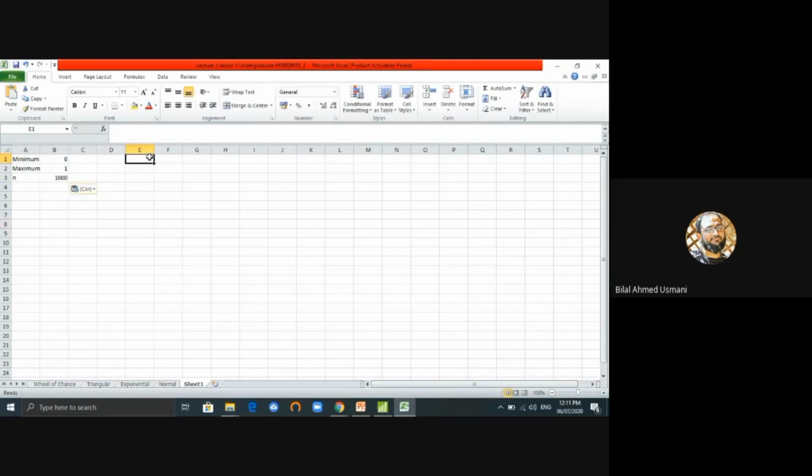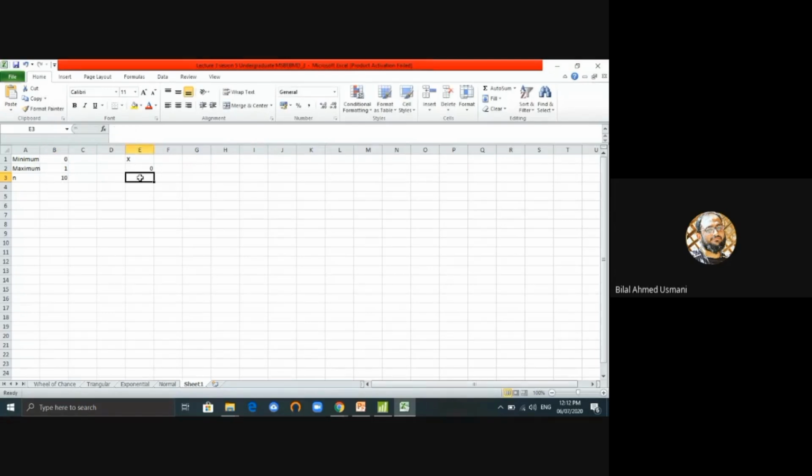It means that the random variable can take 1001 values. Let it be, for the sake of argument, 10, start with 10.